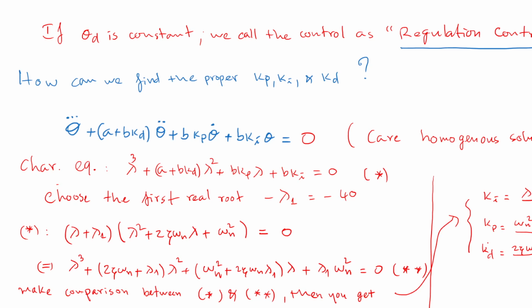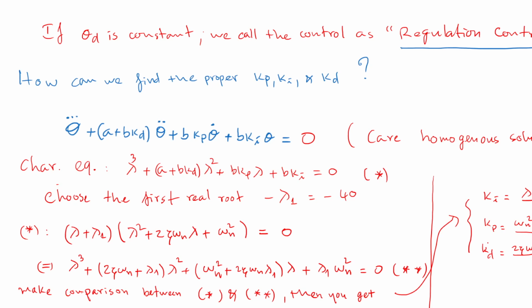And what are omega n and zeta? Omega n and zeta are how you want the transient to look, right? If you want it critically damped, which means zeta is equal to 1. Or you say, okay, I can allow a little overshoot, then you can choose zeta less than 1.